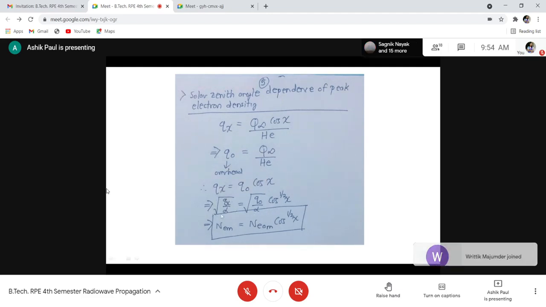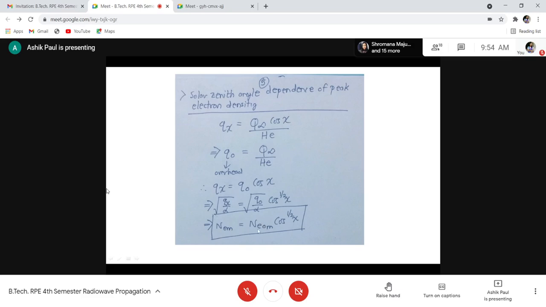So this is the kind of expression for your peak electron density, at a particular solar zenith angle of chi.